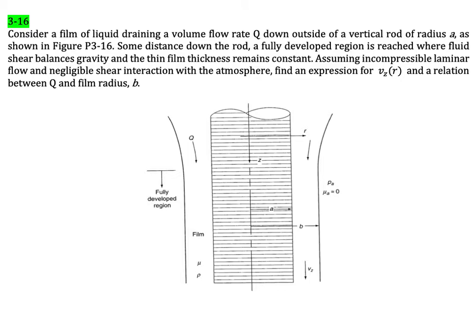So here we actually need to calculate the velocity downward, like this one. If you use the Navier-Stokes equation, you must be very particular, because this is the axis of z, we have the axis of r here, and the axis of theta as the tangential velocity.